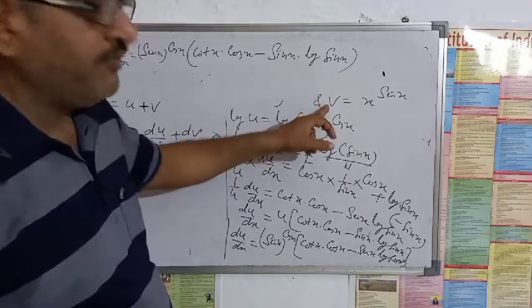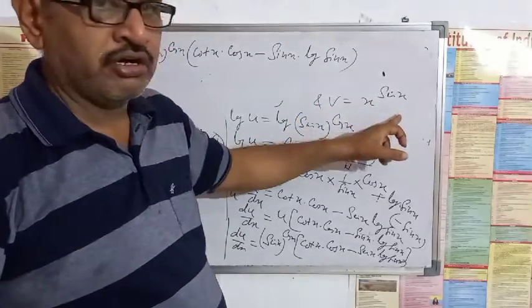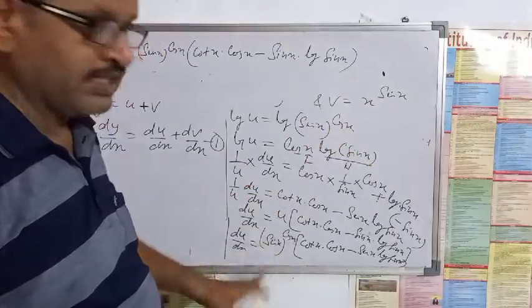Now we have to find dv by dx. So v is equal to x to the power sin x. Again taking log on both the sides, we have to find dv by dx like this.